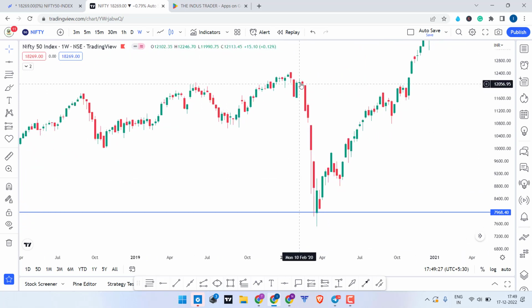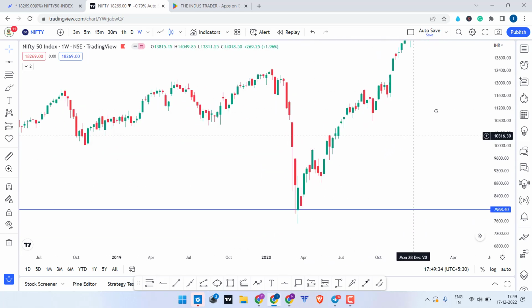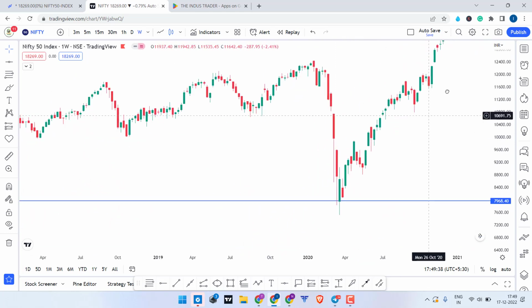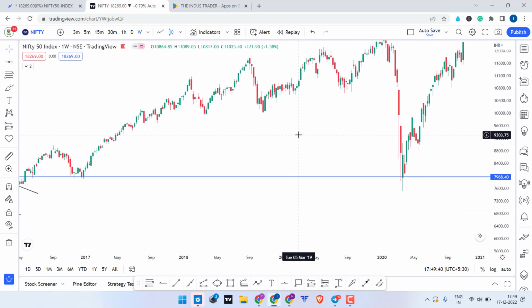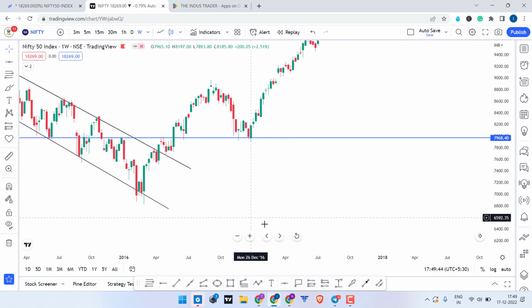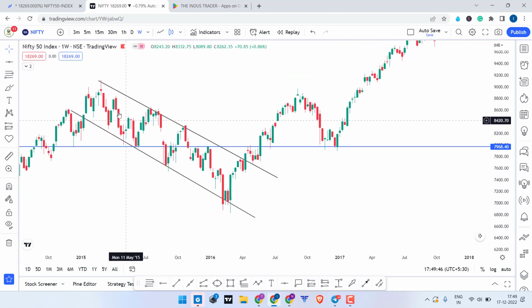Even after that fall, it took the support and again you can see the rally. So these lines are important. In a downtrend, all the swing highs are going to act as resistance, and in an uptrend, all the swing lows are going to act as support.